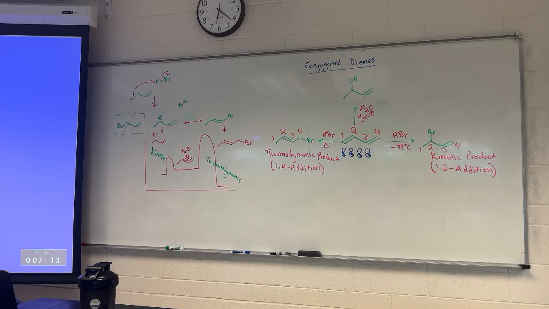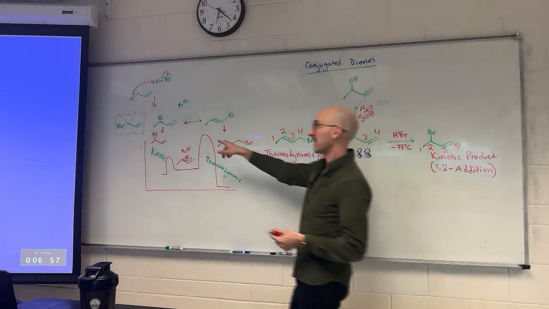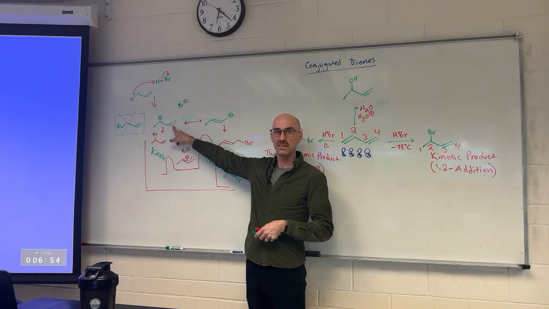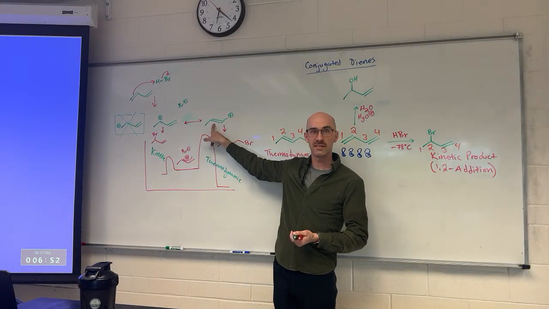Do you see in the middle where I've got the delocalized double bond and it's kind of making the semicircle? The pi bond, unfortunately, is not in either of those positions. The pi bond isn't here, and the pi bond isn't here.